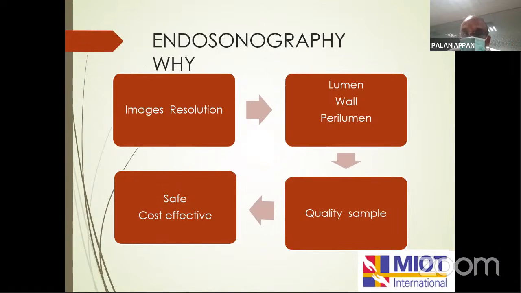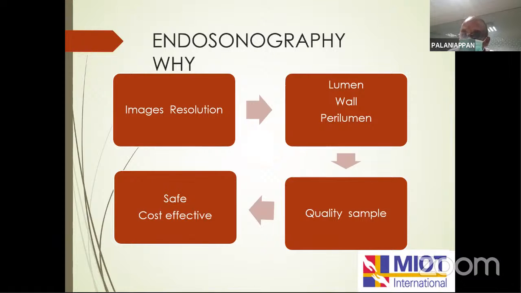Meaning, when you are in the esophagus, we can screen the mediastinum. When in the stomach, we can screen the retroperitoneum, bile duct, pancreatic duct, and pancreas. And when in the rectum, we can screen renal structures.